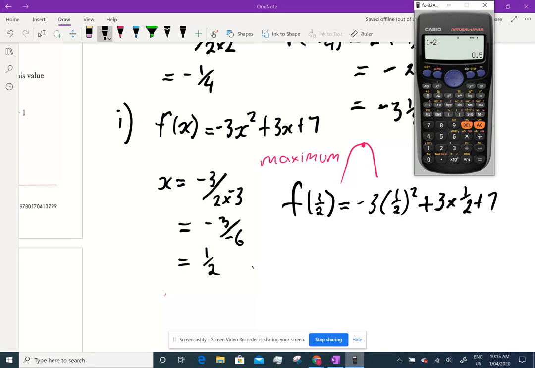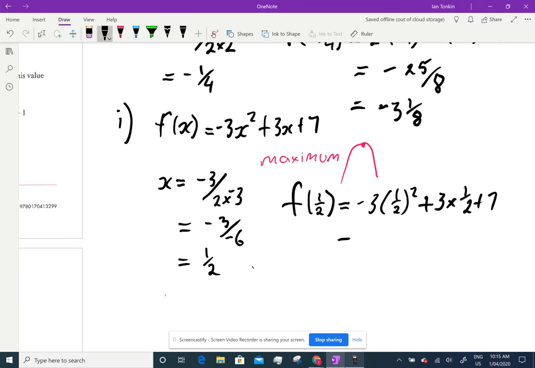Now that's my answer. So I've got negative 3 times my answer squared plus 3 times my answer plus 7. And if I want that as a mixed numeral, 7 3/4. So the turning point is a half and 7 3/4.